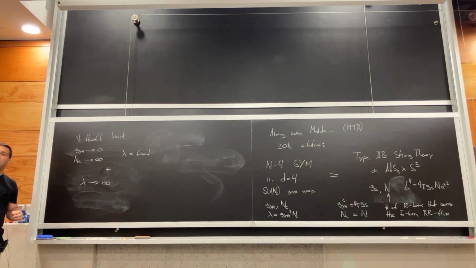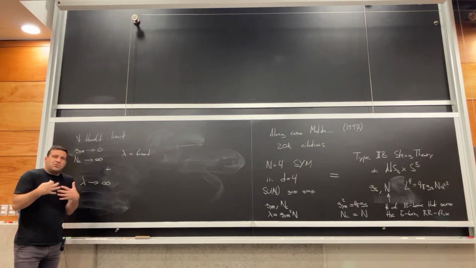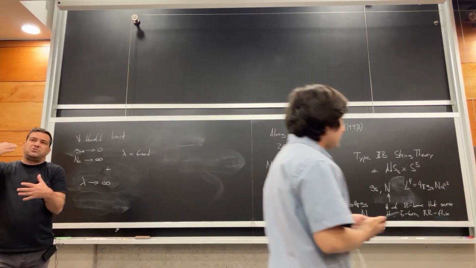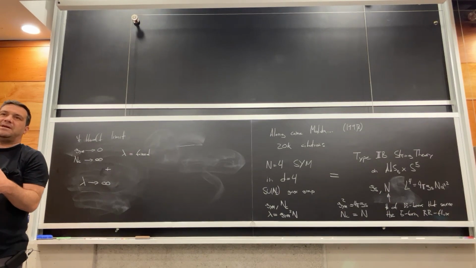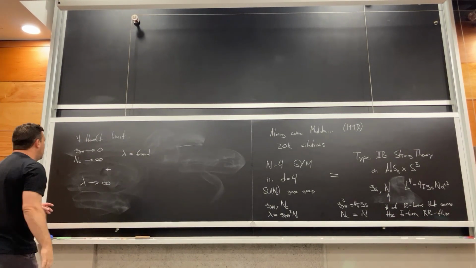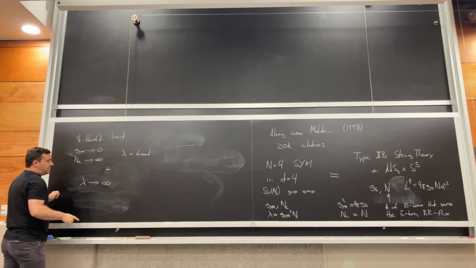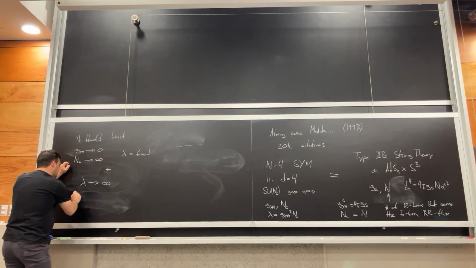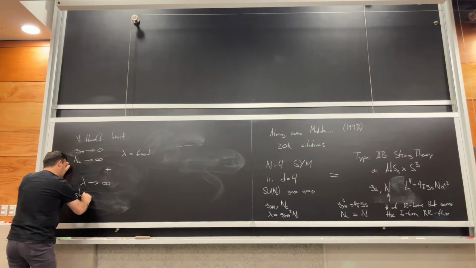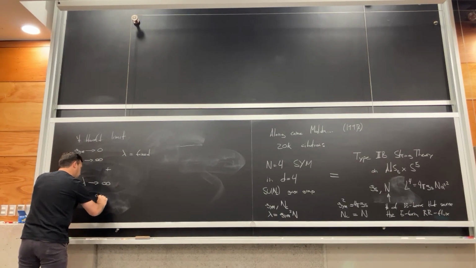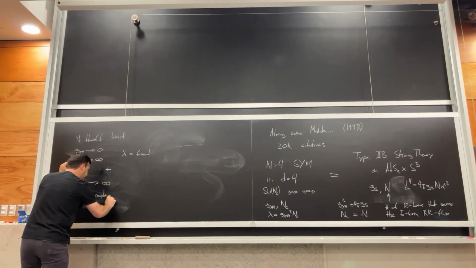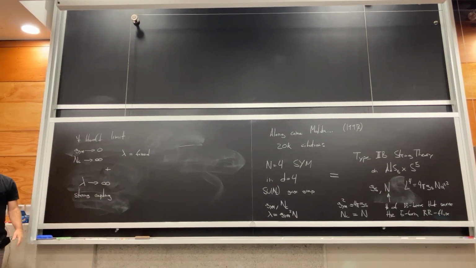Now remember that the actual coupling of the theory, the coupling that controls the diagrammatic expansion, is lambda, not g Yang-Mills. So even though g Yang-Mills is going to 0, eventually we're taking lambda to infinity, so this is what we call strongly coupled. This is what we call strong coupling.